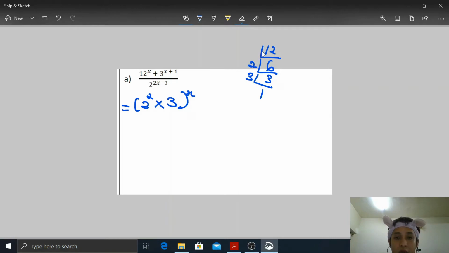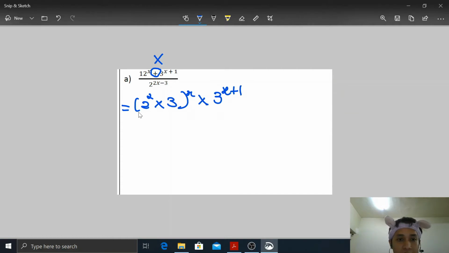Alright, by the way, this one is wrong. Can you change this to multiply? It should be multiply, not addition. Okay, 3x plus 1 and then divided by 2, 2x minus 3. So when you already have the same variables, I'm going to multiply the power in first.